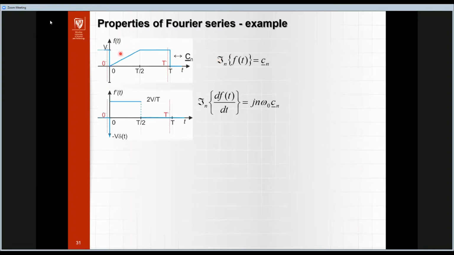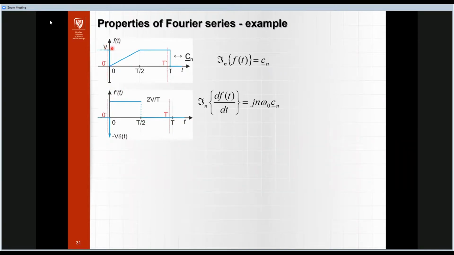Firstly, we can differentiate this signal, and as a result we obtain a constant value in this region, and the derivative of the constant is equal to 0.